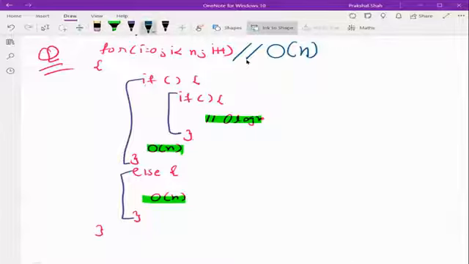For this particular for it will be order of n, right? Now let me go inside of it. Inside of this if it will be order of log n, right?